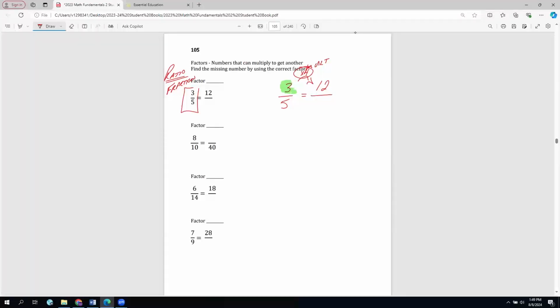So the rule is this: when you're working with fractions or ratios, if you change one, like we're changing this numerator to become 12, which means we're multiplying it by 4, then we also have to do that same action to the denominator, the bottom number. We can't just leave it 12 of 5.